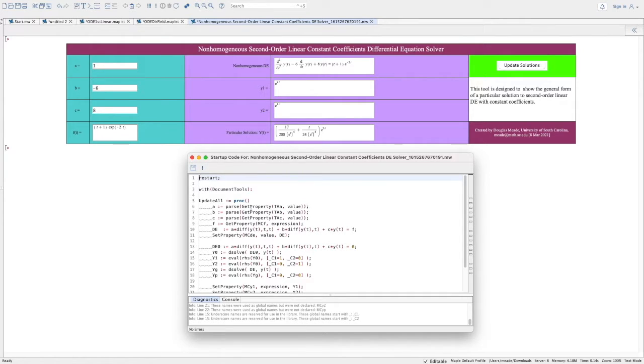Primary ones are get property and set property, that get and set the values in an embedded component. So this update all procedure starts by getting the current values of A, B, and C, and F.